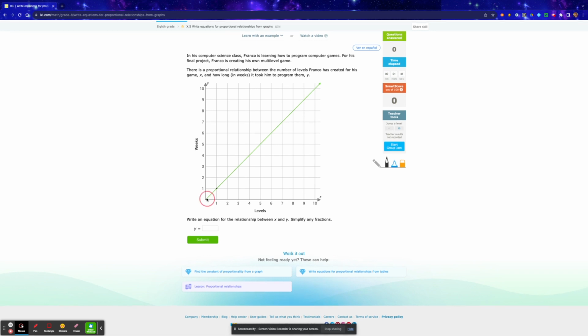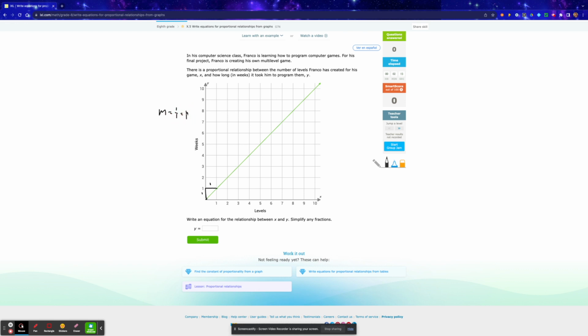But if you look, if I just do this, my rise and my run, what's the slope? Well, the rise is 1, the run is 1. That's supposed to be a 1. Let's try that again. There we go. So we know that the slope equals 1 over 1. Well, what's 1 over 1?